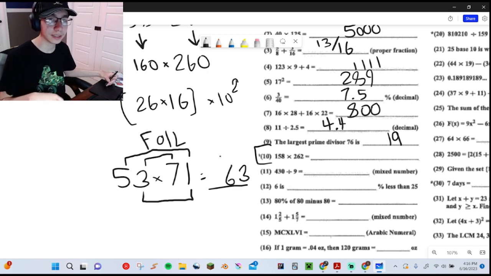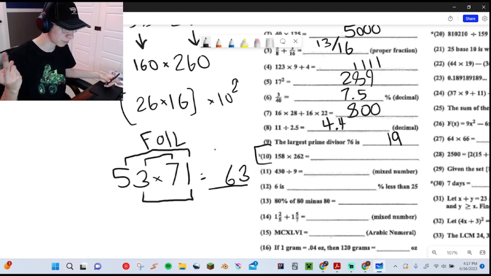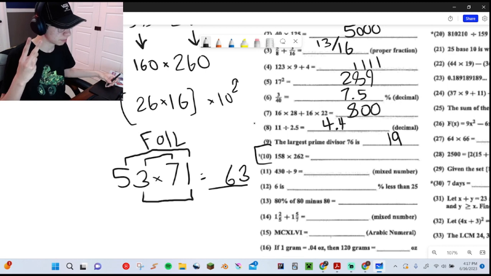I'll carry the 2. One of the ways you could remember how much you're carrying, you just hold out 2 fingers in your non-writing hand while the other hand you're writing. So this, I guess, saves me some time. So I'm carrying 2.